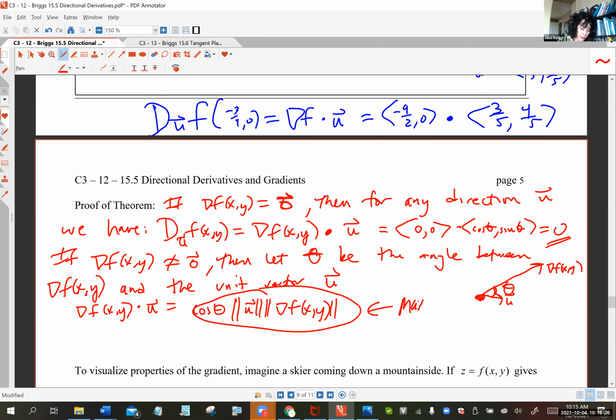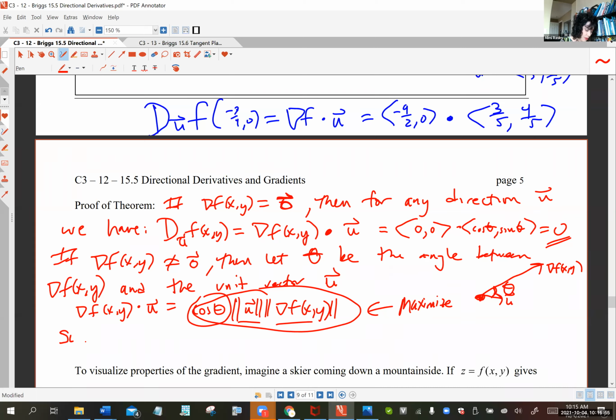So we want to maximize this. Well, we know that the magnitudes are always positive numbers. That's got to be true. So the only big thing that's going to really affect it is cosine, and cosine can go back and forth between +1 and -1. So if we want to maximize that product, we want to see when is cosine at its max.